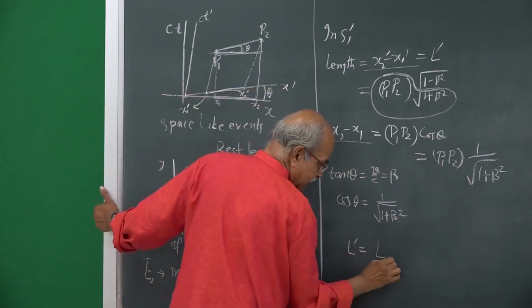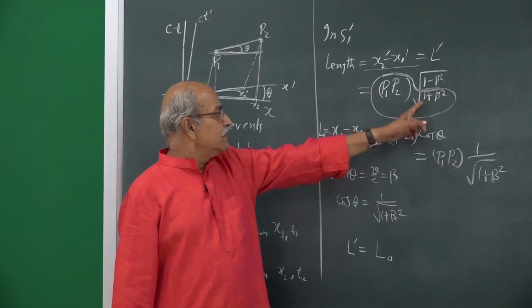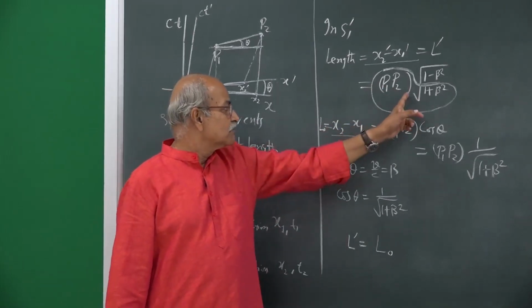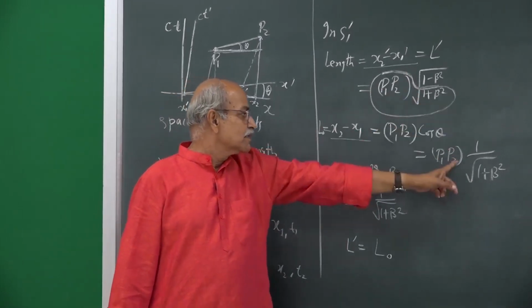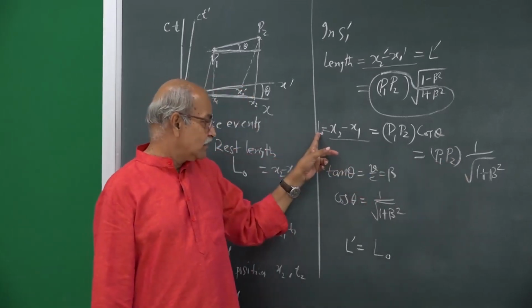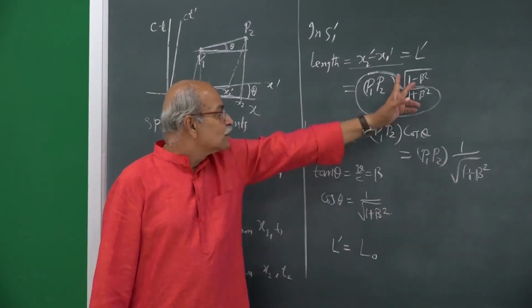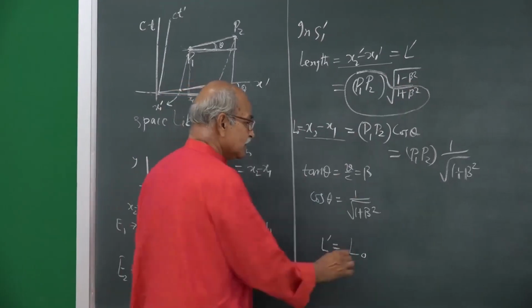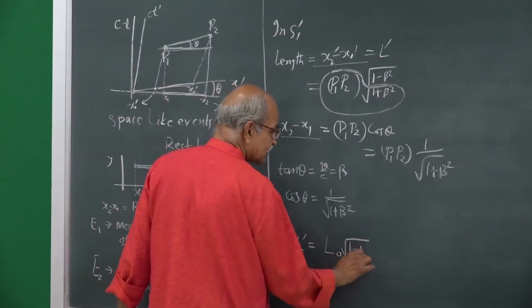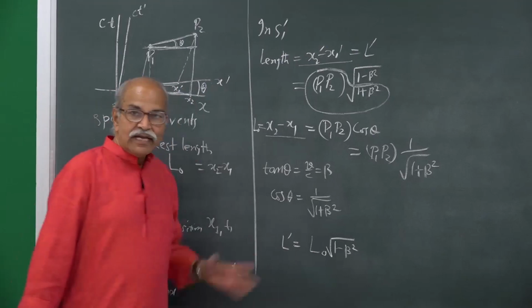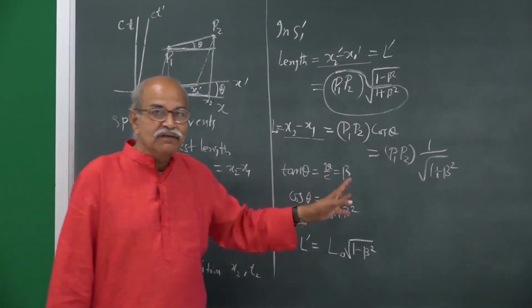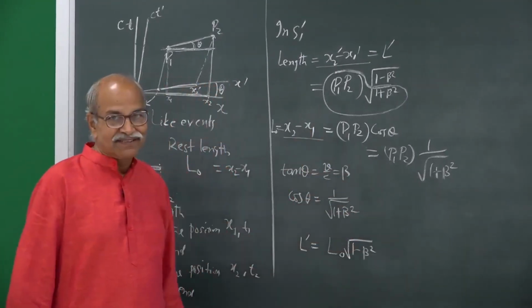So I can write L naught for P1 P2 multiplied by 1 by square root 1 plus beta square, that is my L naught. So this is L naught, and then what is left? It is only this square root 1 minus beta square. Okay, so you get that expression for length contraction from here.